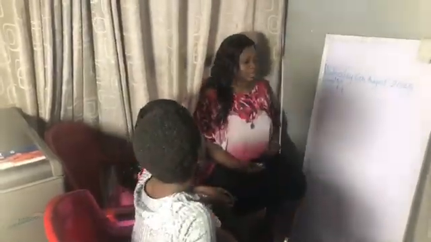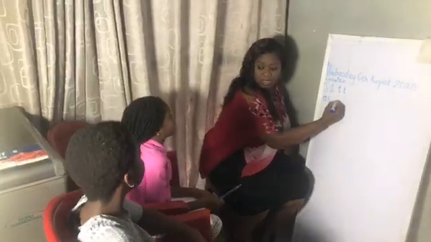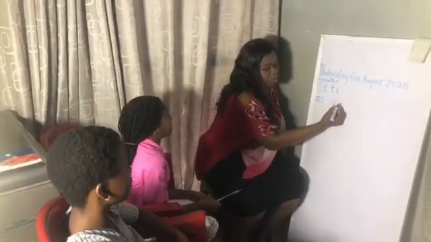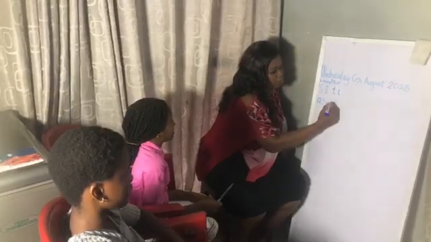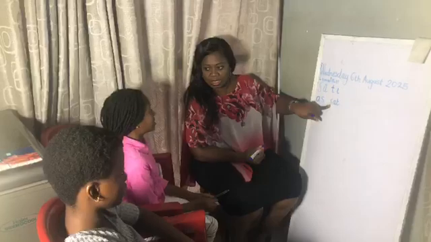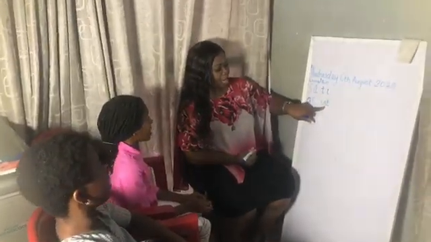Okay. It says sat. So let's go. What's the first sound? What's the second sound? Good. What's the third sound? For viewers, we'll take it slowly. We're going to make the sound now. S, a, t. Again. S, a, t.